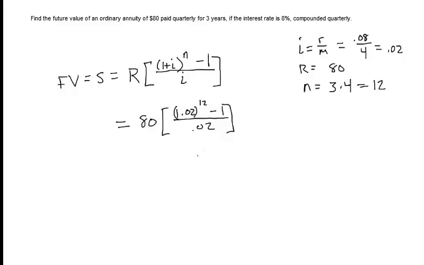And when we multiply everything out in our calculator, we find that we have $1,072.97. So if we were paid $80 for 3 years at 8% compounded quarterly, we would have $1,072.97 at the end of 3 years.